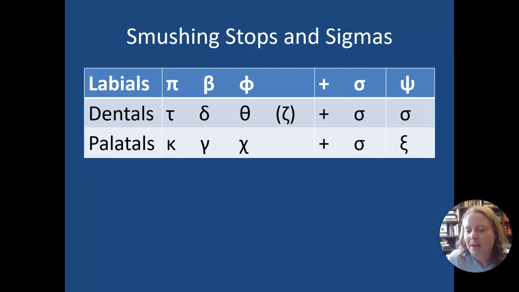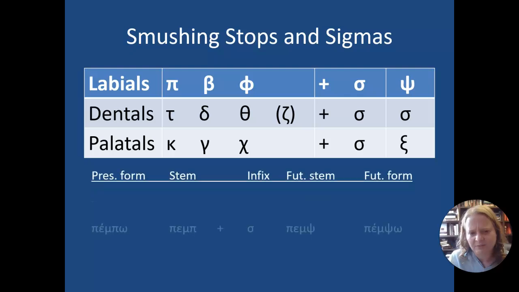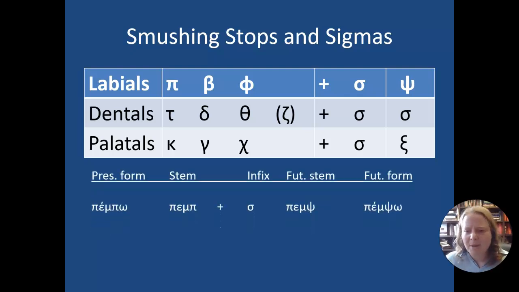Beta. Phi, do you feel how the puff of air goes through? When any of those that get the puff, the pi, the beta, or the phi, meet a sigma as well, and that's the infix, it becomes just a psi. So some things are going to change. Let me see if I've got an example here that you can see. Here's one. Pempo.